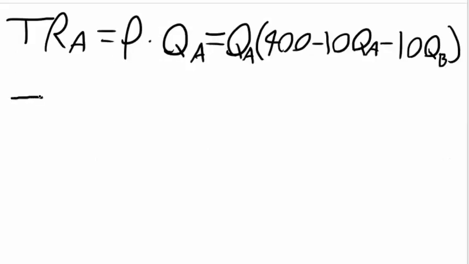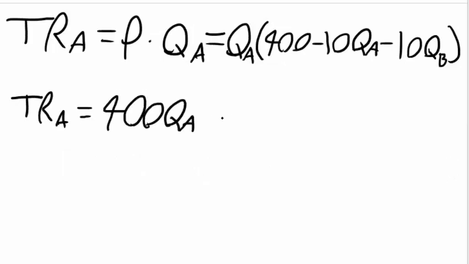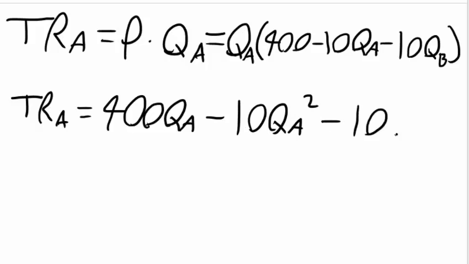By distributing that, we get a total revenue of A equals 400 QA minus 10 QA squared minus 10 QB QA.